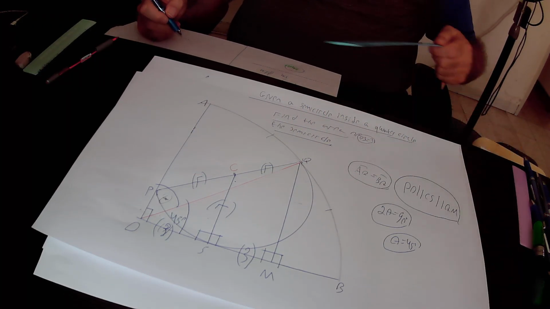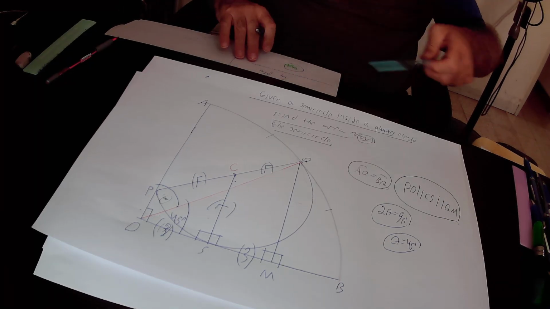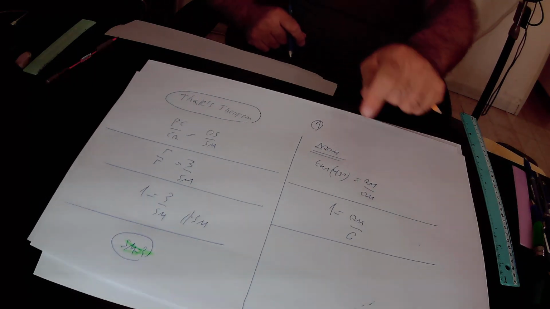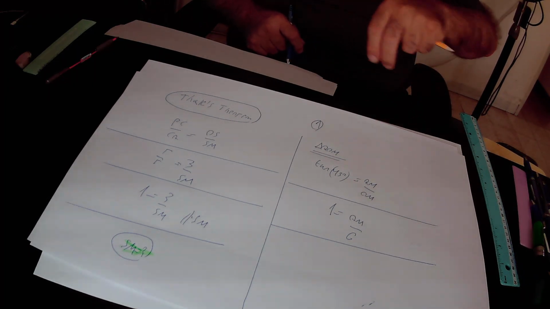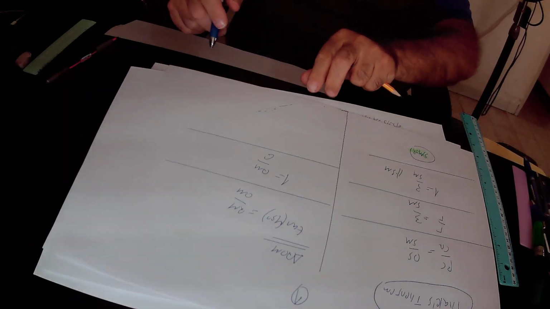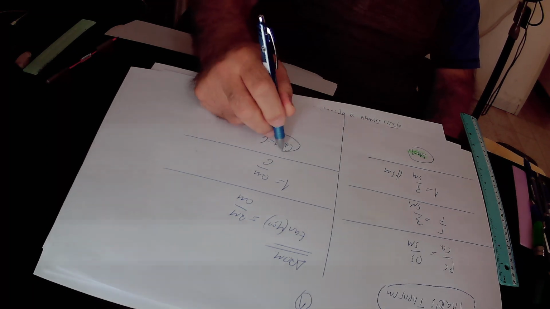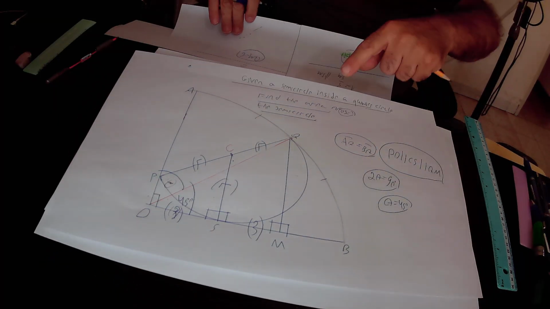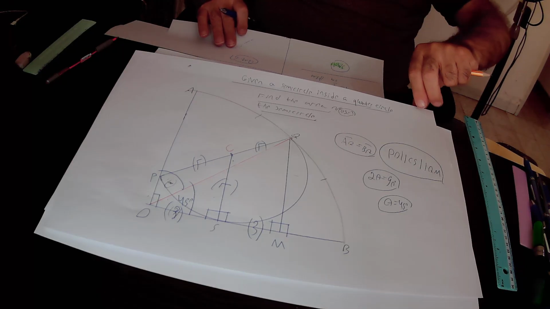So in total, 1 equals QM over 6. Here we multiply this equation by 6, and finally we get that QM is equal to 6 units in its length. This is side QM, which equals 6 units in its length.